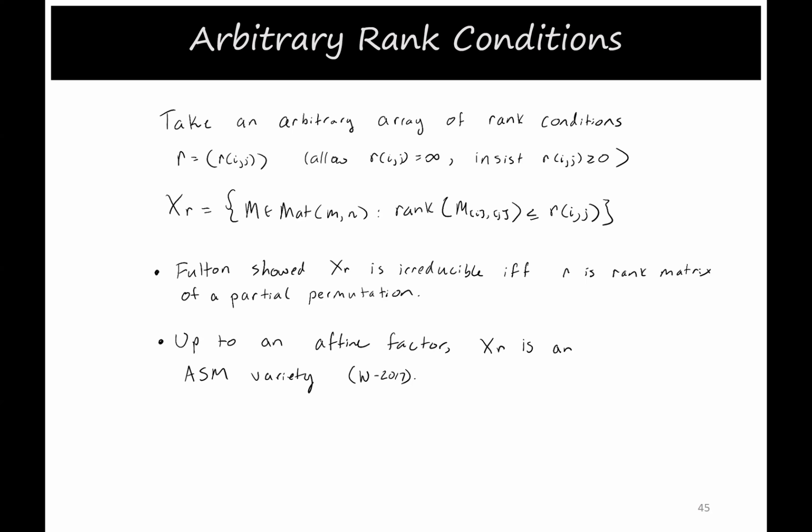But anyways, we could put down whatever random rank conditions we feel like. And so Fulton showed that this thing is irreducible if and only if we have the rank matrix of a partial permutation. And up to affine factors, any random list of rank constraints you could put down is just an alternating sign matrix variety. So ASMs, they classify this family of varieties that Fulton was studying.